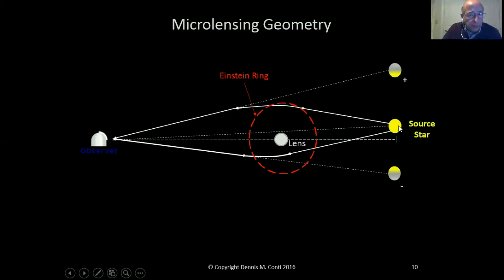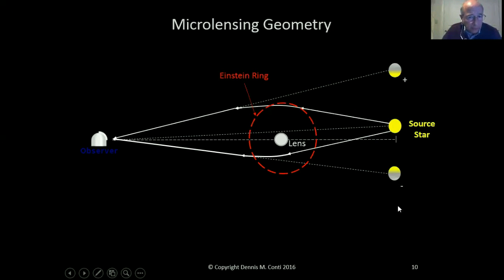Ultimately, as the source star moves outside of the Einstein ring, it's going to be back to its normal magnitude. So if the source star starts here and we're looking at it, and it's, let's say, magnitude 18, and it starts proceeding, its light rays hit the Einstein ring, they get magnified, and all of a sudden its magnitude might go to 17, then maybe 16, and then ultimately back to 18.